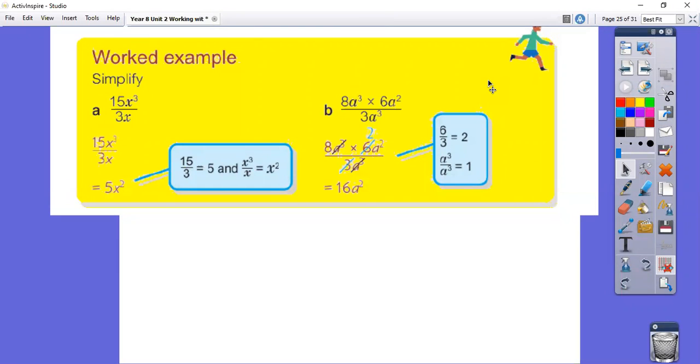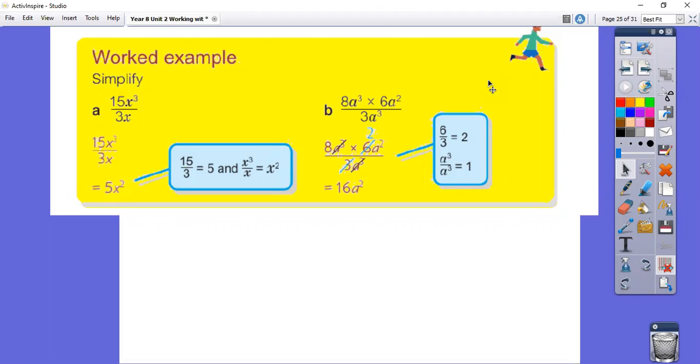Part B of an example, you have 8a cubed times 6a squared, and all divided by 3a to the power of 3. So again, do the numerator first, do the top part. But here they've shown you that all 3 of those numbers can be divided by a common denominator of 2.